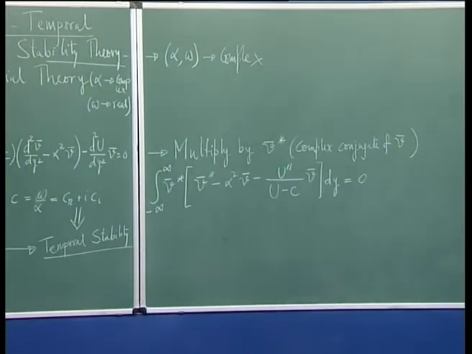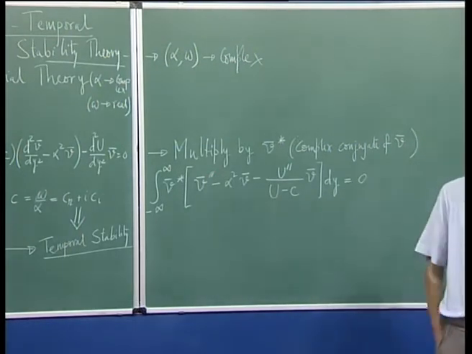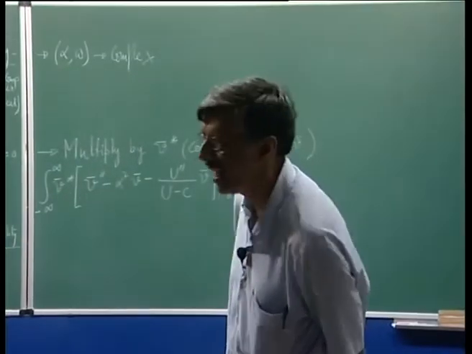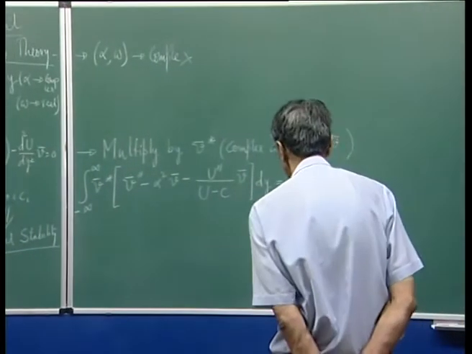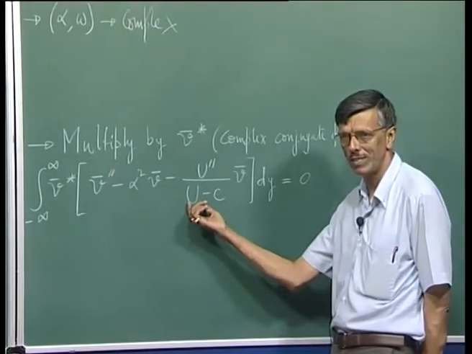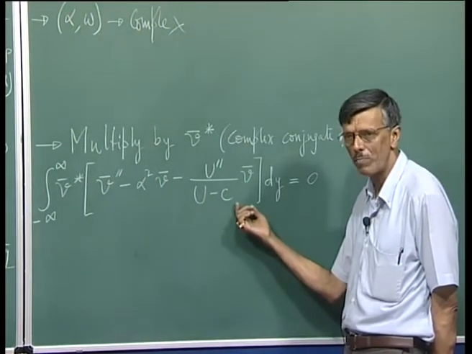Now, some of you may already be worried: why am I trying to divide this? What happens if this becomes 0? Then we will be in all kinds of trouble. However, you realize that u is a quantity that is real, the equilibrium flow velocity, while c is complex.